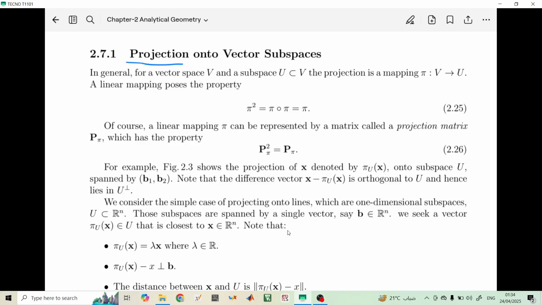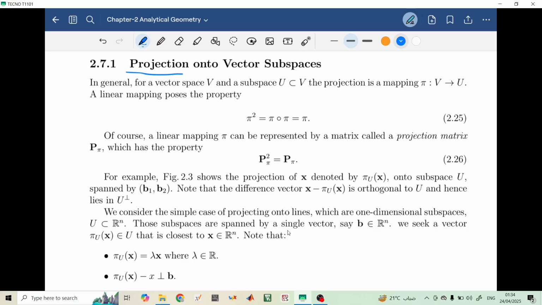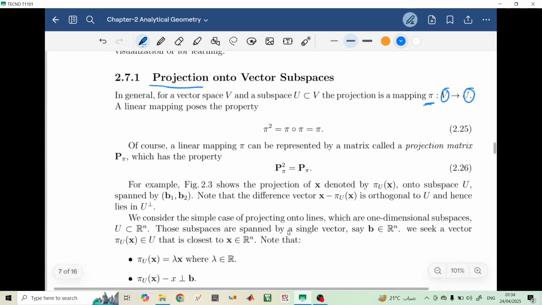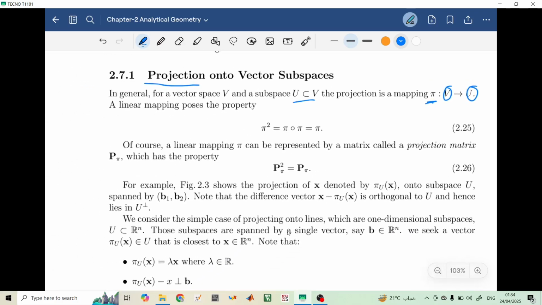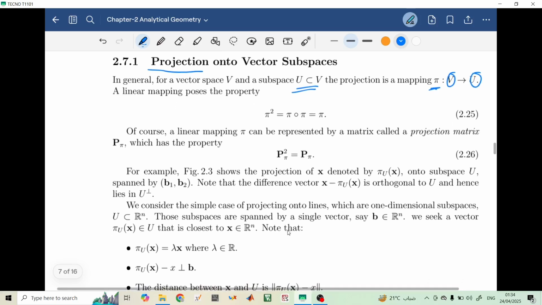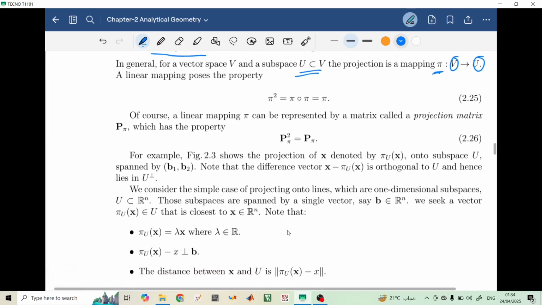Okay, so projection is a mapping from the original, or let's say the big vector space, into some subspace. So here we said that U is a part of V. So U is a subset of V. So this linear mapping has some nice properties.